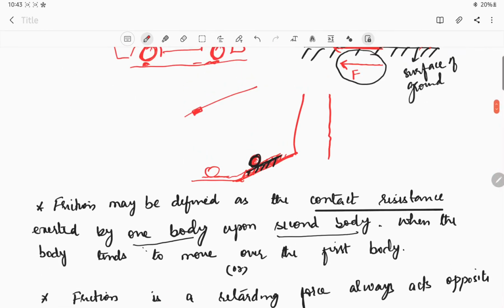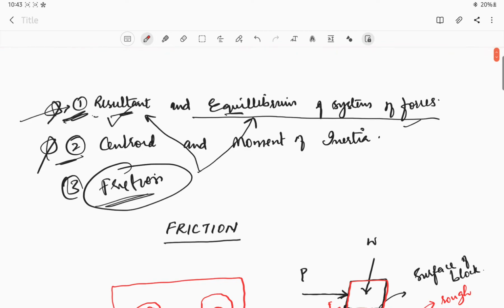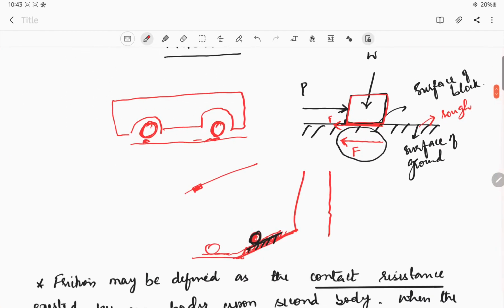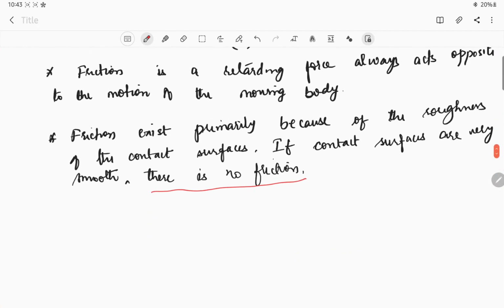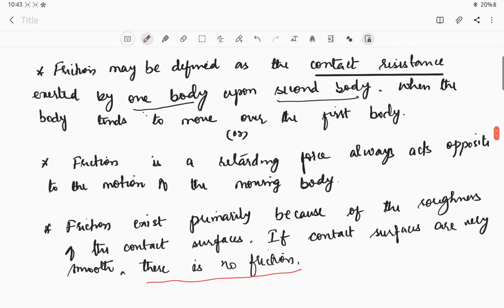See, here we have come across many problems in resultant and equilibrium, wherein they used to say resting on smooth horizontal surfaces. If you see your problems related to equilibrium, there are many problems wherein they have mentioned a smooth horizontal surface, but here in friction we'll be having a rough horizontal surface from here onwards.